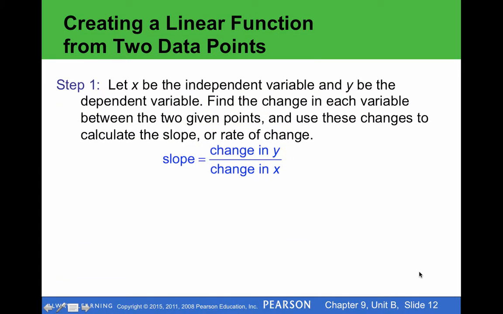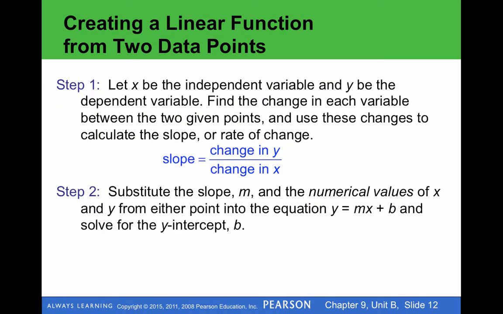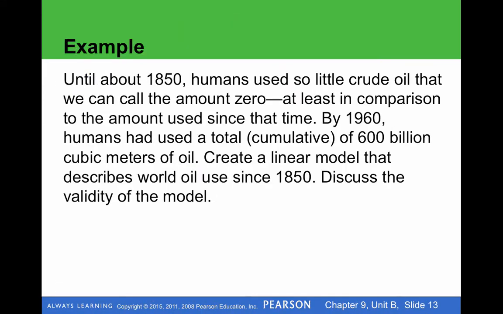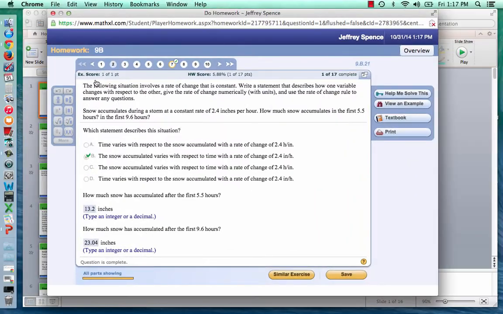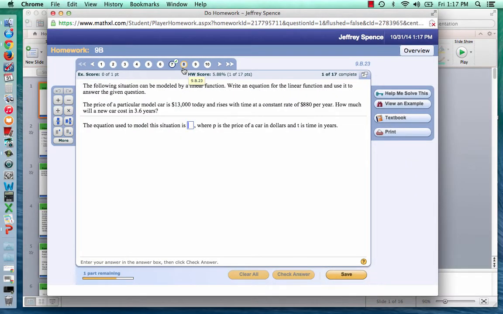Okay. So when we create a linear function, we want to find the slope and then get the y-intercept. I'm going to do an example here. The following situation can be modeled by a linear function. Write the equation for the linear function and use it to answer the given question.